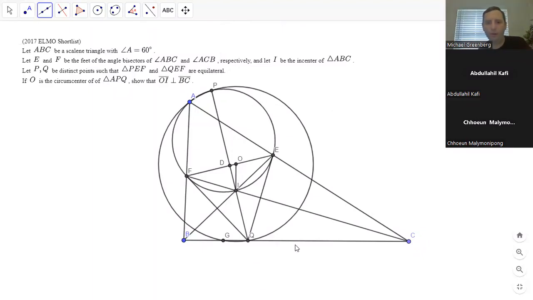Okay, so is it obvious that OG equals OQ? Oh yeah, it has to be if it's perpendicular. So we need to show IG equals IQ. That would solve it. And I wonder if that's just true by symmetry somehow. So we want to show IG equals IQ.